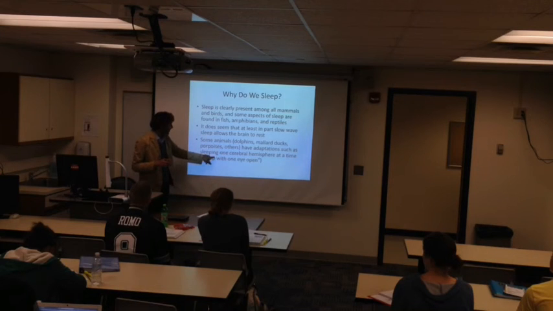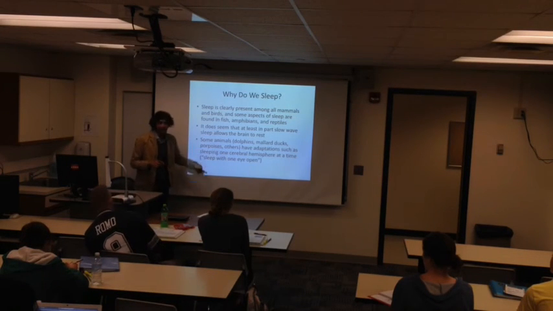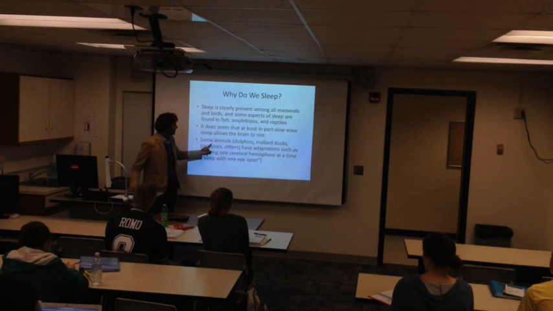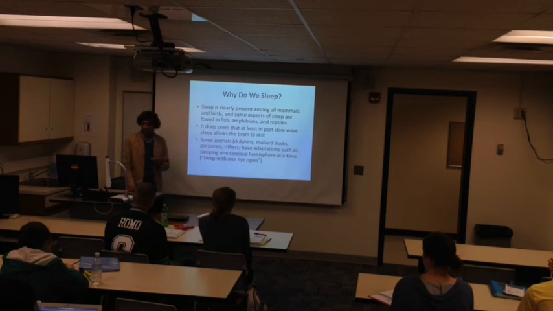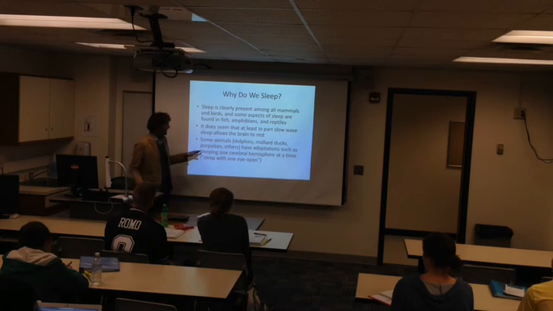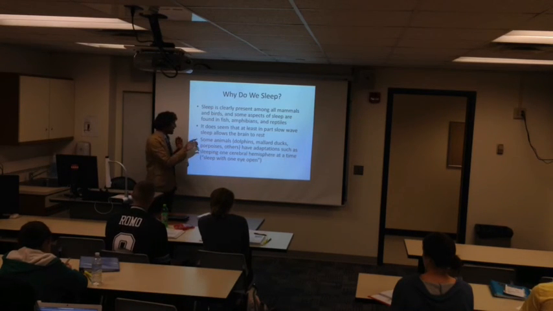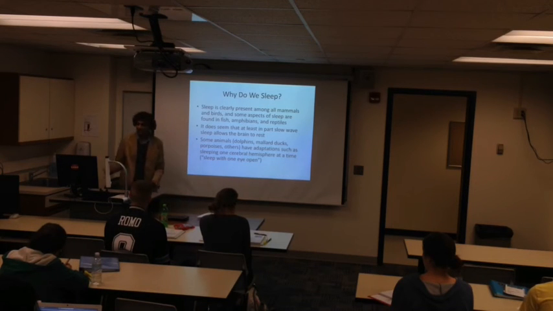So the right hemisphere is awake and the left eye is monitoring for threats, while the left hemisphere is asleep and the right eye is closed, and then vice versa.